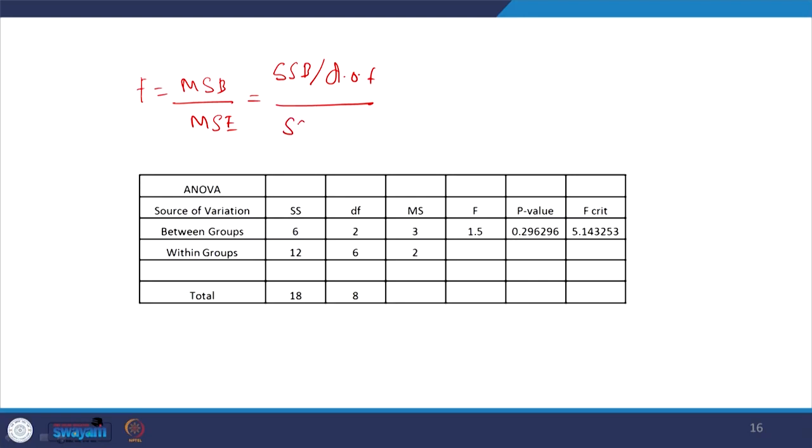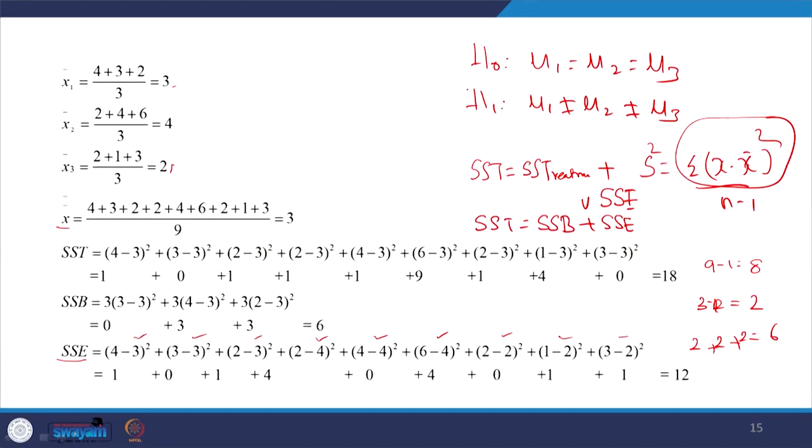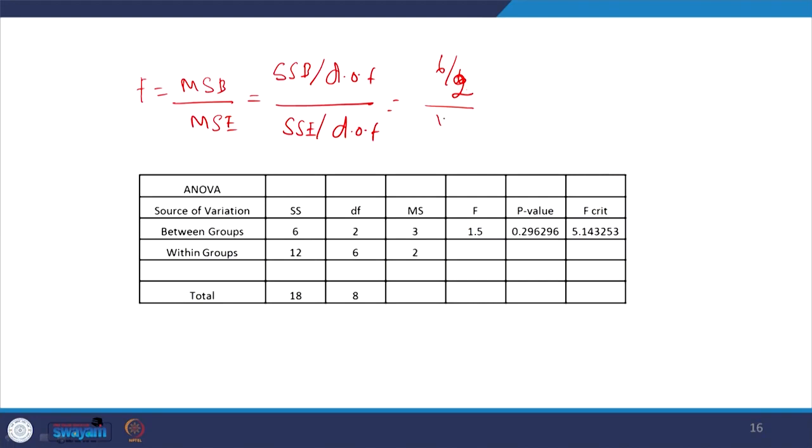When you divide SSE by the corresponding degrees of freedom, you will get MSE. If you look at the previous one, SSB is 6, degrees of freedom is 2. So, 6 divided by 2, SSE is 12, degrees of freedom is 6.